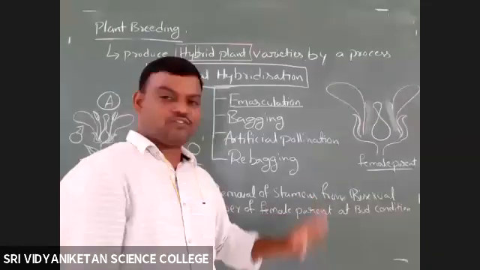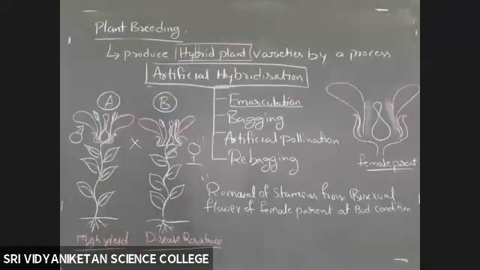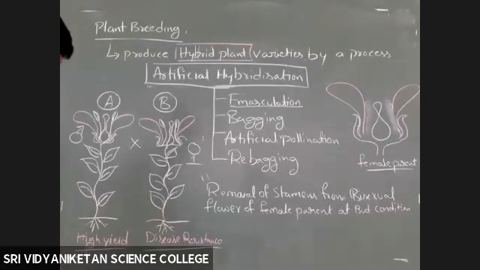One more important thing: if you select a plant which has unisexual flowers, then for female flowers there is no need to perform emasculation. Why? Stamens are already absent in the female flower.